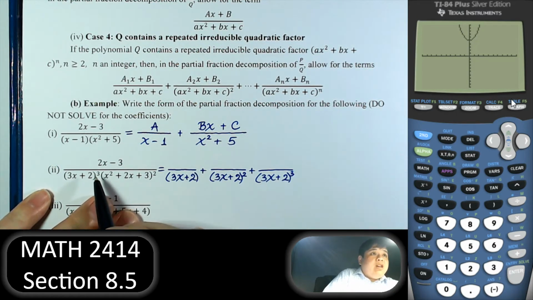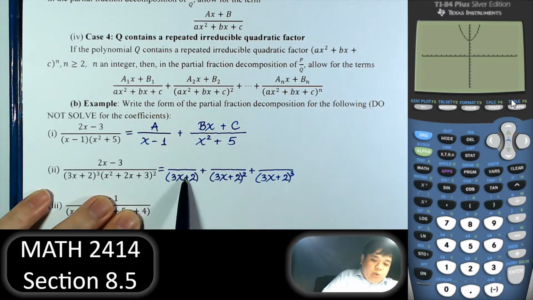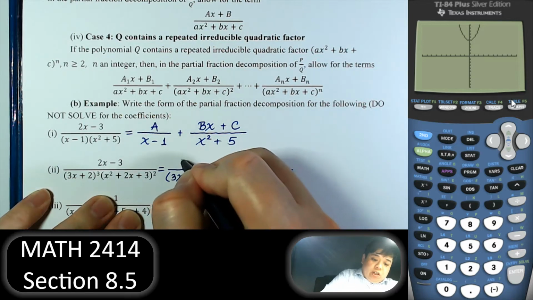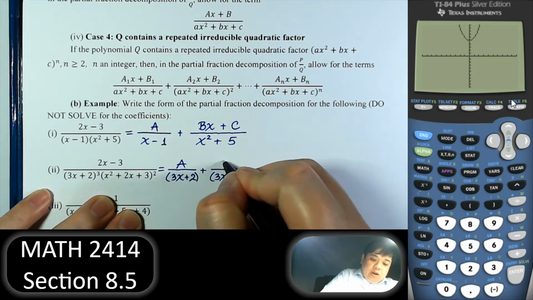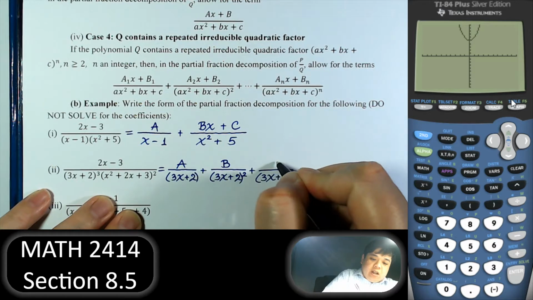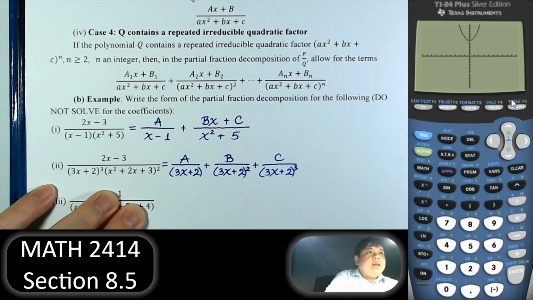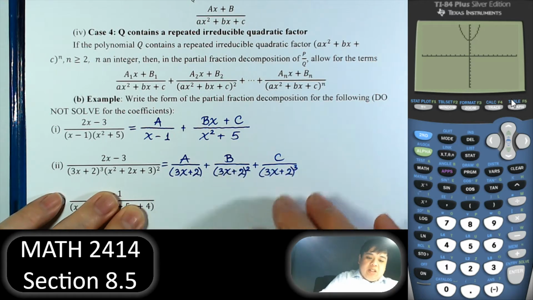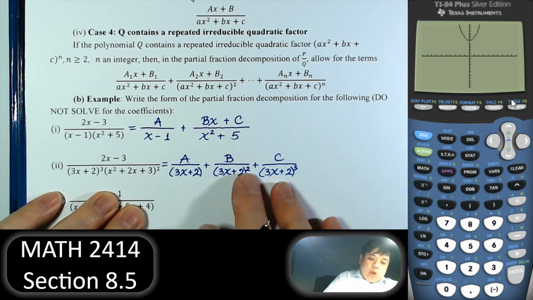So there are 3 factors of 3x plus 2, so 1, 2, and 3. Even though the degree at the bottom increases, we don't change what's on the top. It's still just a constant. So it doesn't matter what the power is. If it is the same kind of factor, the top is still the same.